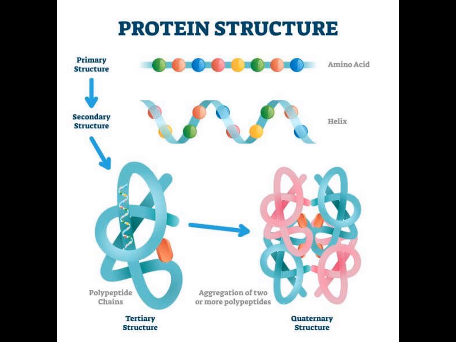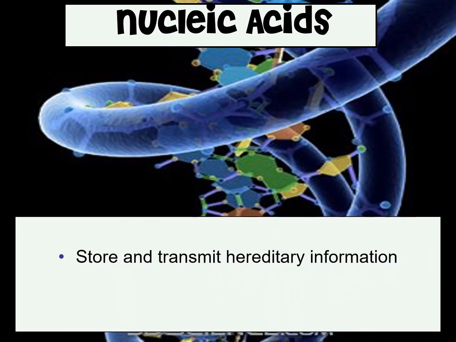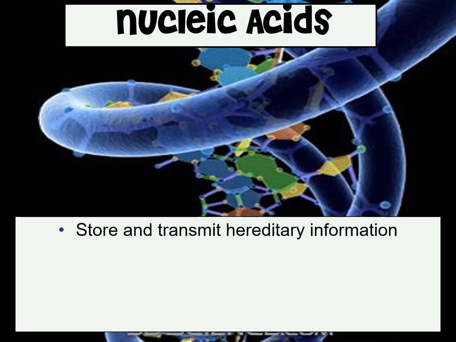And then sometimes proteins just stop there at the tertiary structure, but some do join together with other polypeptide chains and they make what's called the quaternary structure. So hemoglobin is a protein that carries oxygen throughout your blood, and that is a good example of a quaternary structure for proteins.